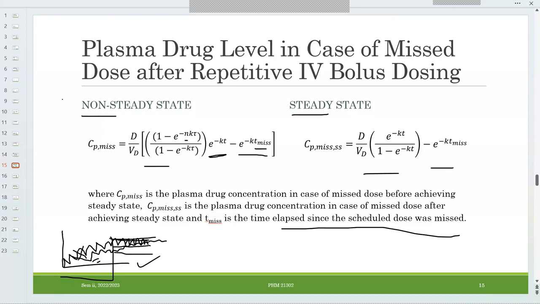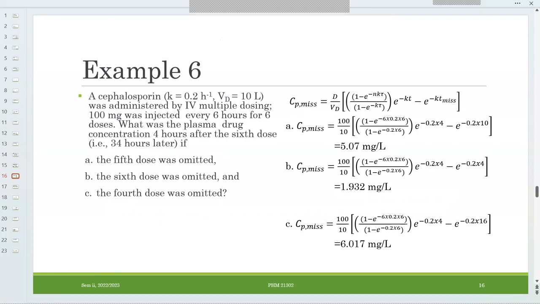Let's practice solving a problem so that we make this clear. For example, a cephalosporin with pharmacokinetic parameters k equal to 0.2 hour^-1 and Vd equal to 10 liters was administered by IV multiple dosing. 100 milligram was injected every 6 hours for 6 doses. What was the plasma drug concentration 4 hours after the 6th dose if the 5th dose was omitted, the 6th dose was omitted, or the 4th dose was omitted?